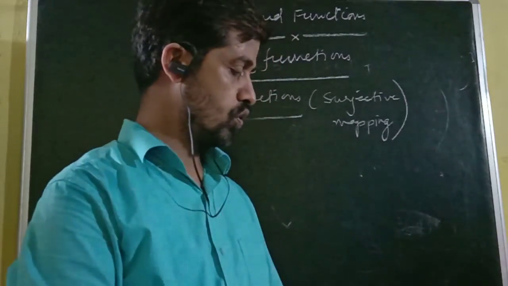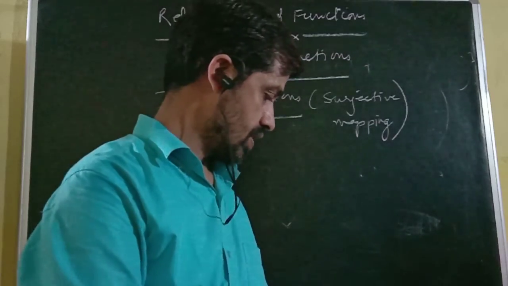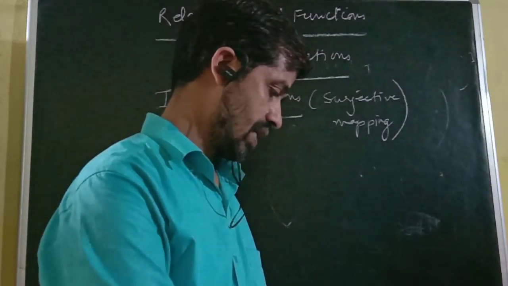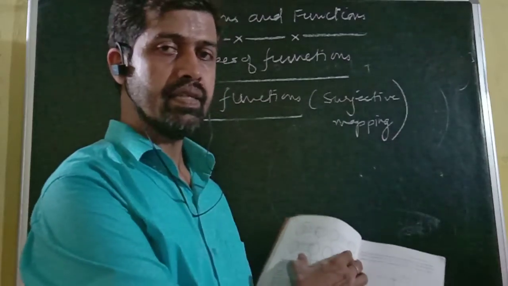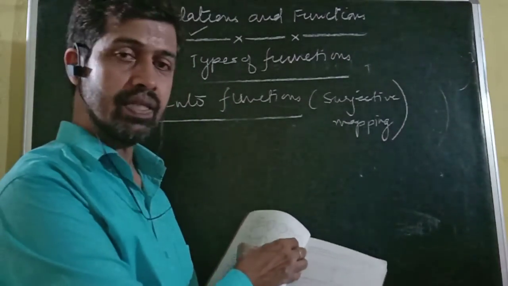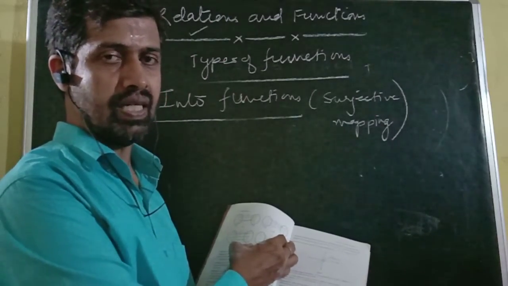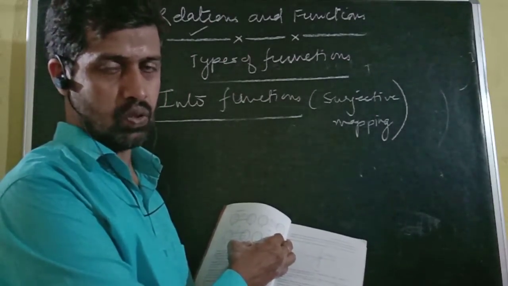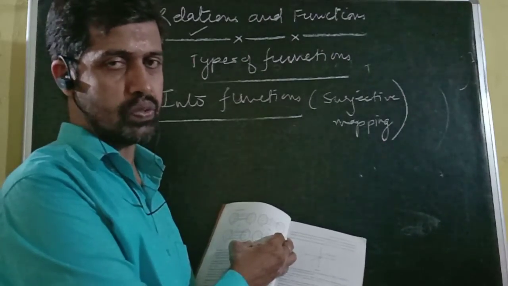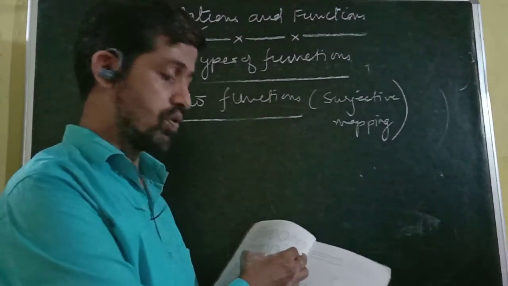You can just go to page number 8. Here some arrow diagrams are given, students. You attempt them and find out which functions are one-one, which ones are onto, which ones are into, and which ones are both one-one and onto.